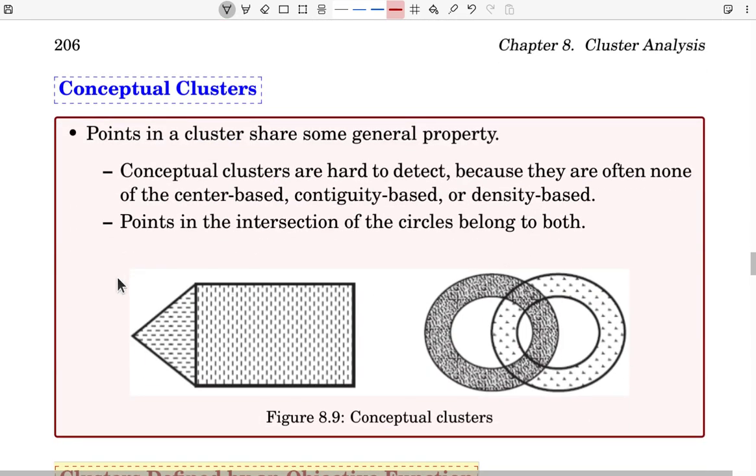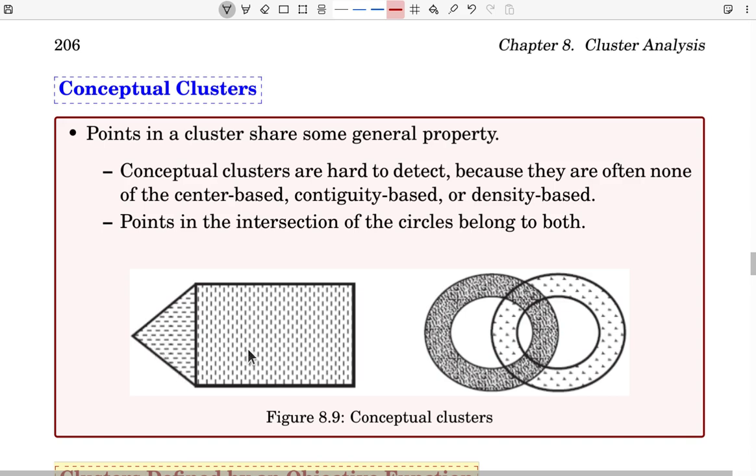Okay, here we have now conceptual clusters. Points in a cluster share some properties. As you can see here on the left-hand side, now there are two clusters, and in one region, these points are sharing some property so that it can be shown as a horizontal line segment.